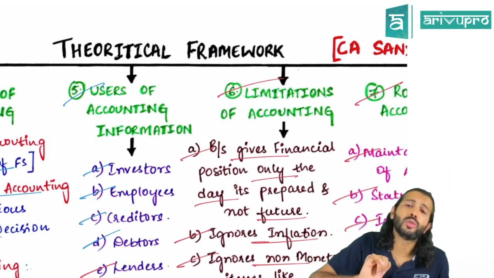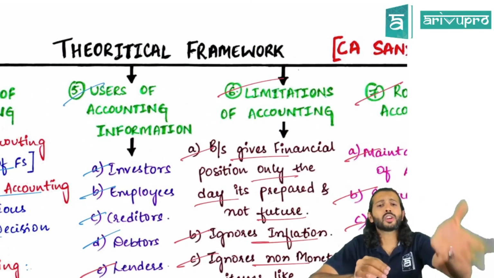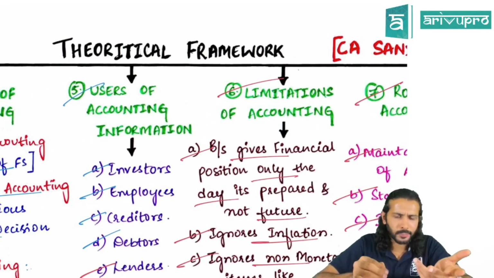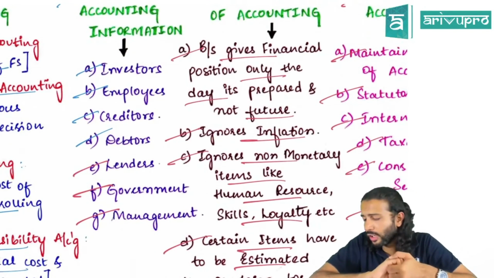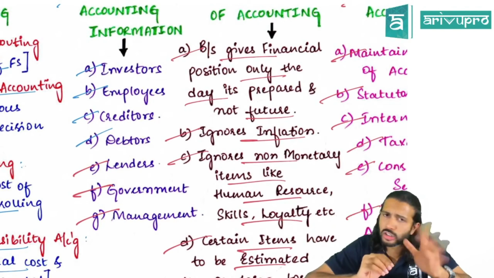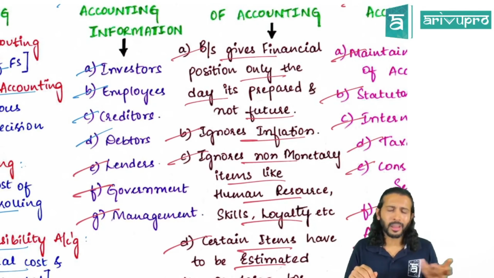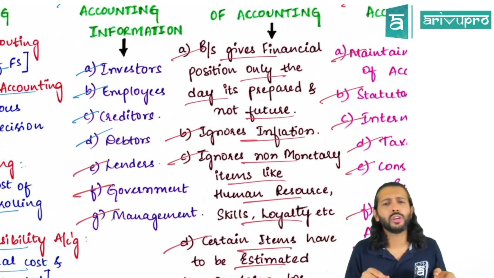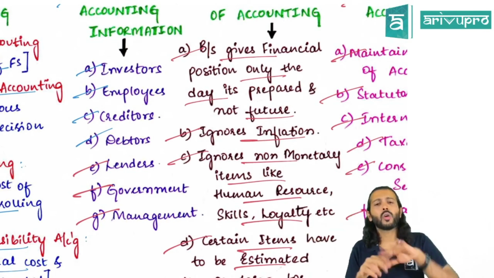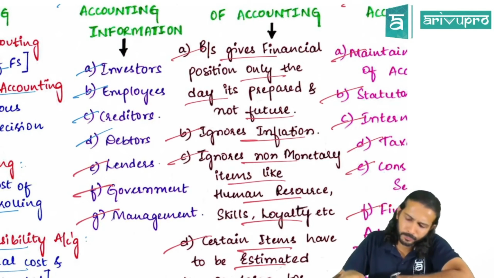Next, debtors can use financial statements or accounting information to decide whether they should buy the goods from the company or not. Next, lenders will use the accounting information to determine whether to give the money or not to this particular entity. Management can use the financial information to take decisions. Government can use the accounting information to find out the tax point of view.